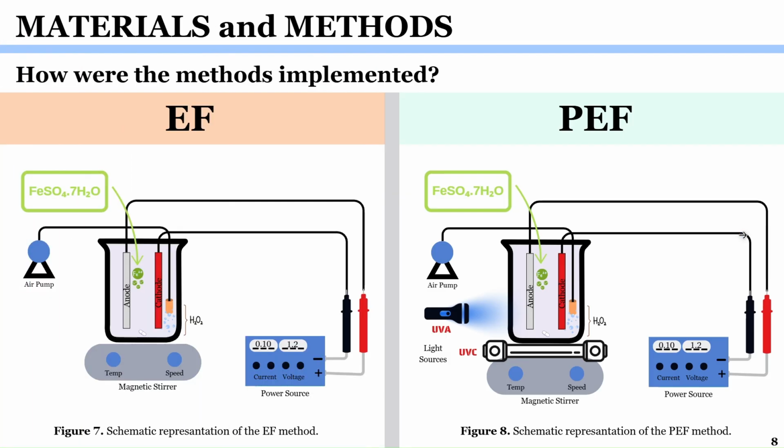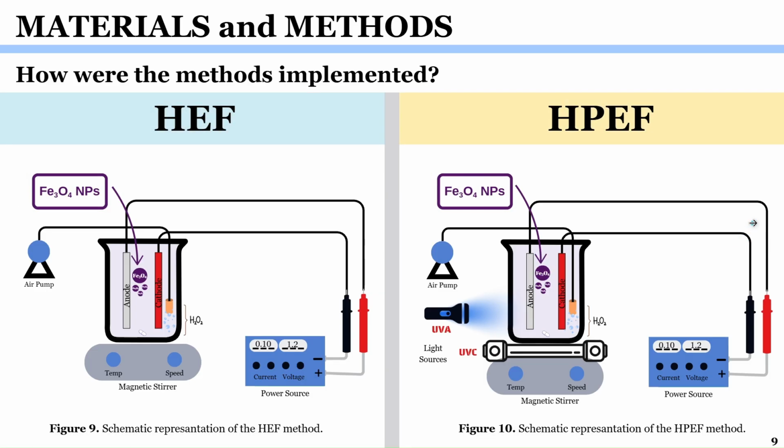This slide shows the experimental setup used throughout the study. For homogeneous Fenton-based systems, 0.1 millimolar iron(II) sulfate heptahydrate was introduced as the catalyst prior to experimental initiation. For photoelectro-Fenton experiments, UVA at 365 nanometers and UVC at 254 nanometers were used as external irradiation sources.